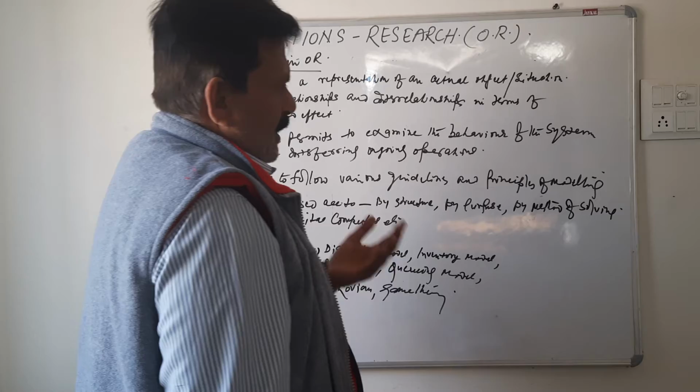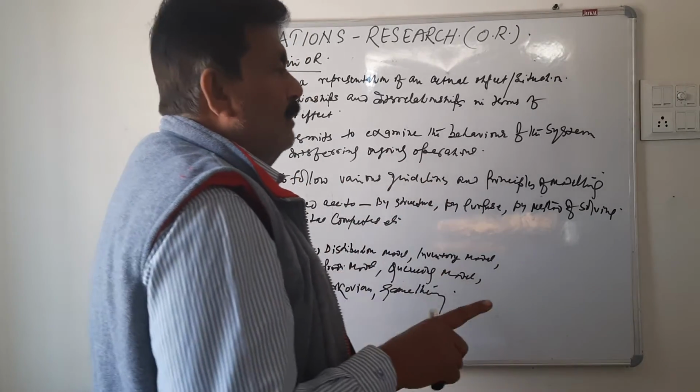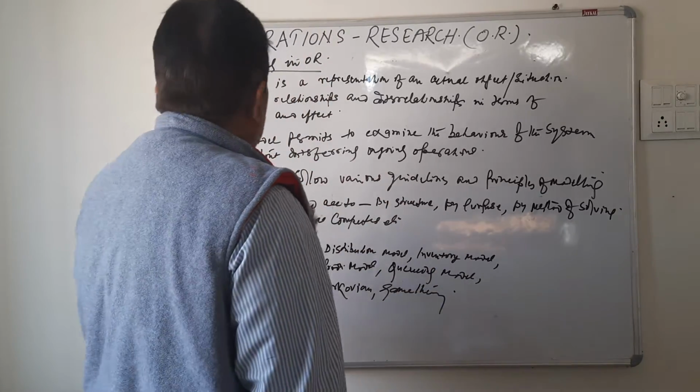When a model is being formed, there are various guidelines for the formulation of the model, and the researcher has to follow all those guidelines to make a good model.